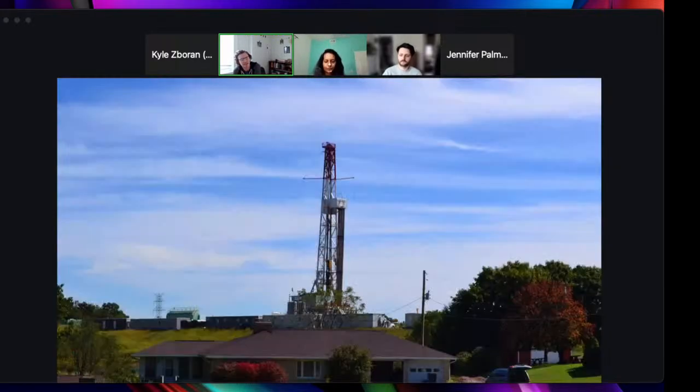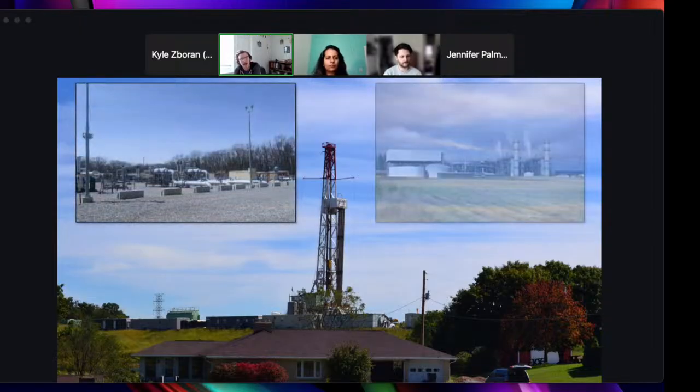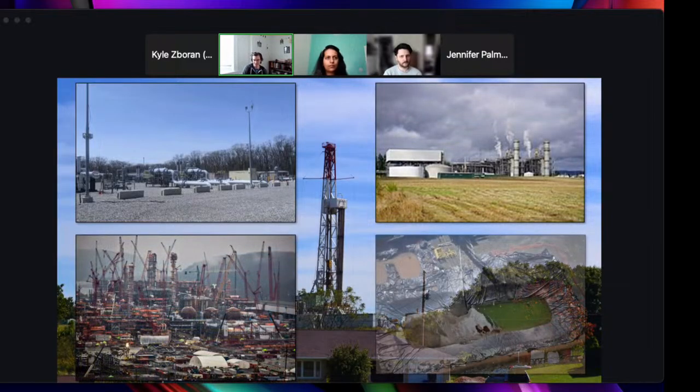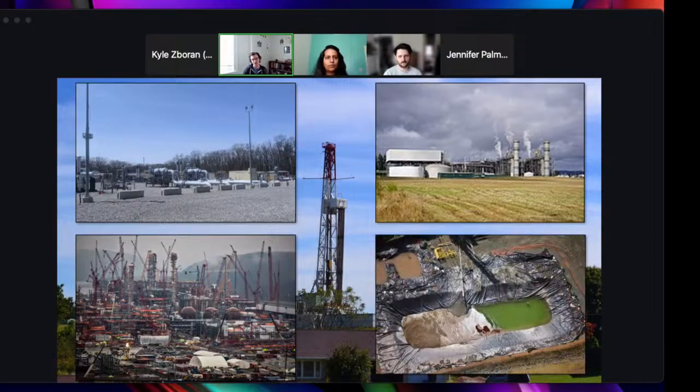But with all that said, a lot of our work has historically been focused around shale gas wells, which is what we're seeing here, fracking wells, right? But that's not the only kind of infrastructure that's important to work around and that we have worked around over time, right? We have things like compressor stations, power plants, petrochemical facilities, and end-of-life waste facilities as well, that really encapsulates the whole life cycle of shale gas.